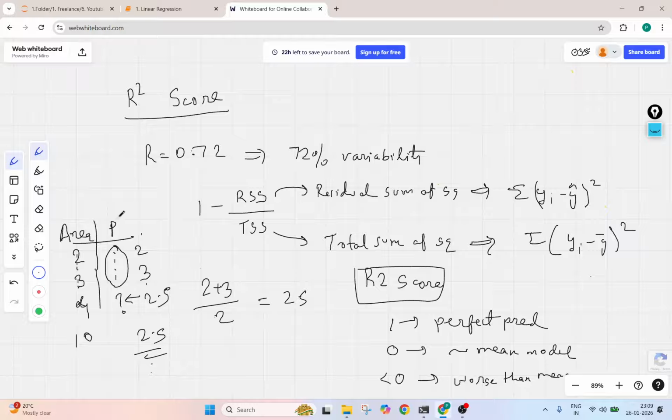These are useless features, which would only increase the computation power of the model, and we do not want those features. So instead of using R2 score, we use something called an adjusted R2 score. Now, what is an adjusted R2 score? Let me quickly remove this.